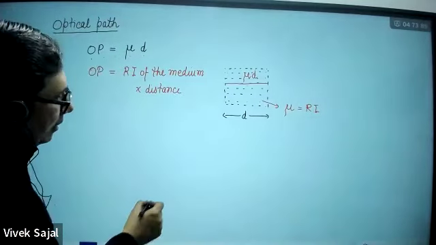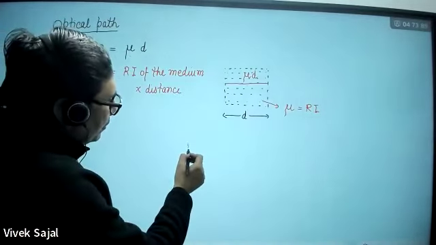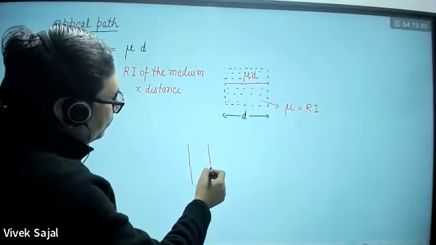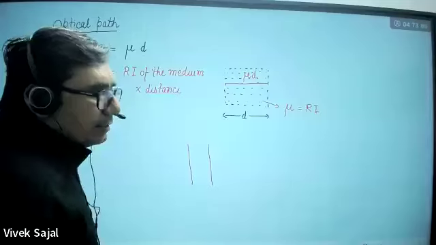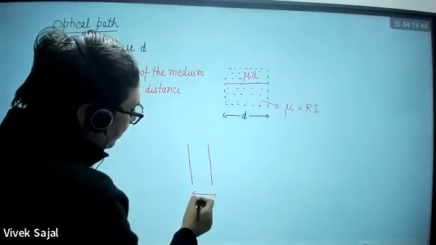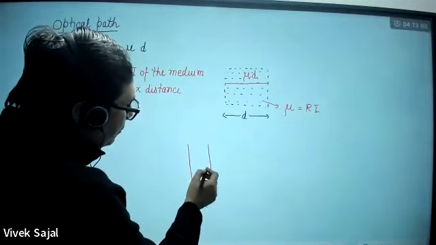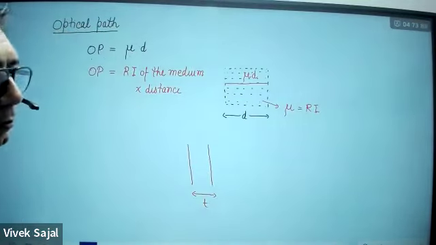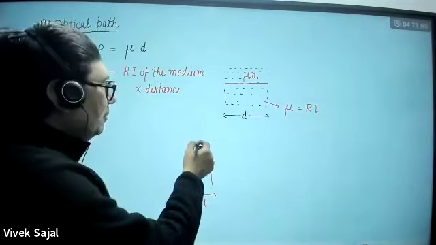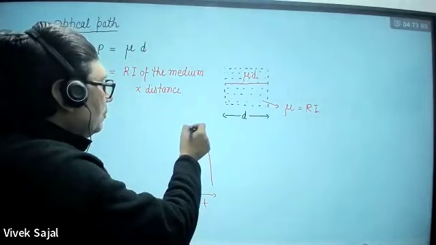Now I'm telling you one very simple question. Suppose I draw two lines. The separation between these two lines is small t, and in between these two, air is filled. So what type of medium is here?